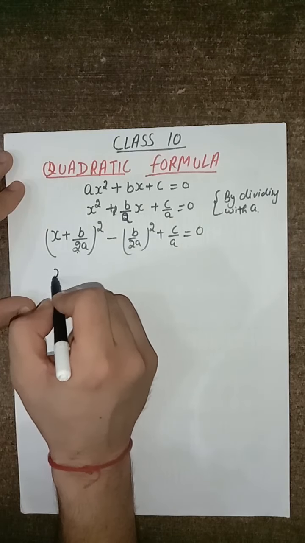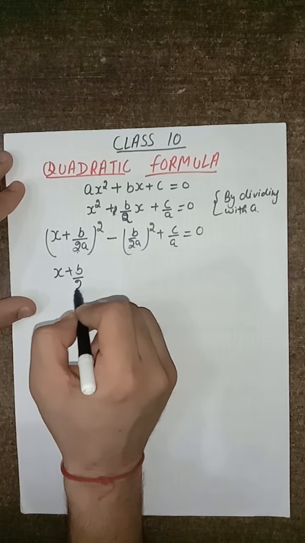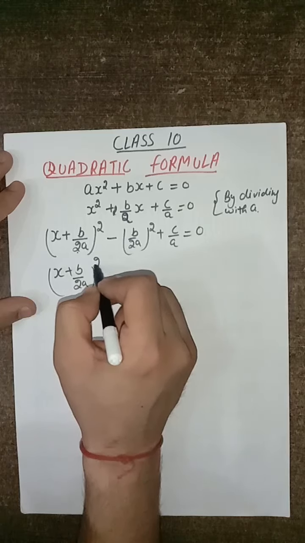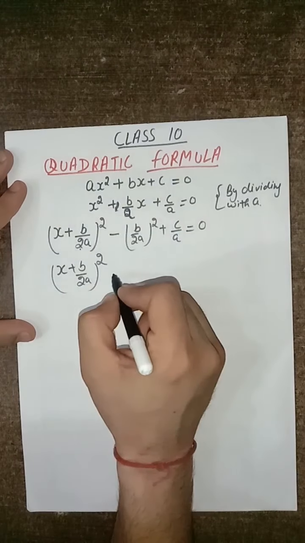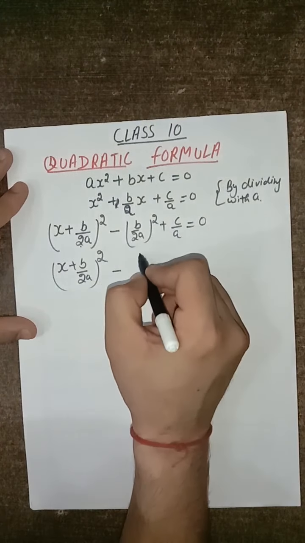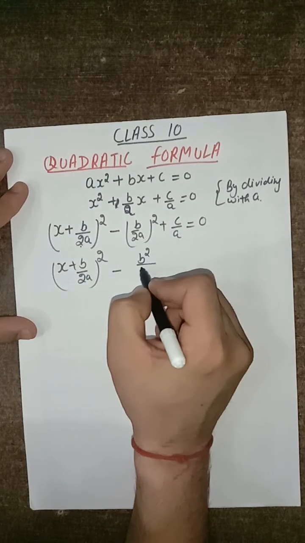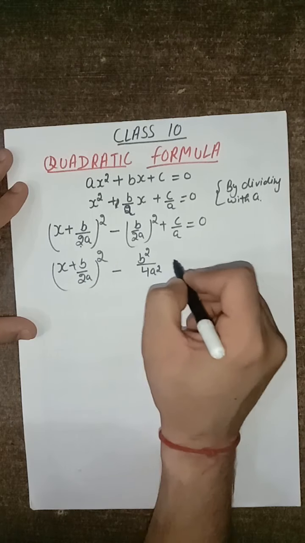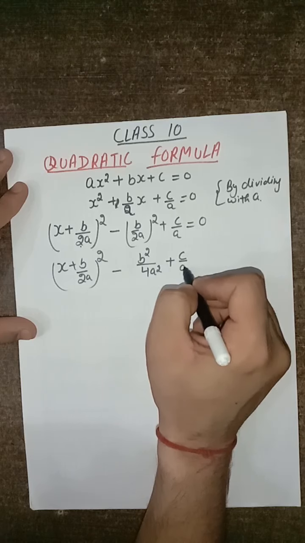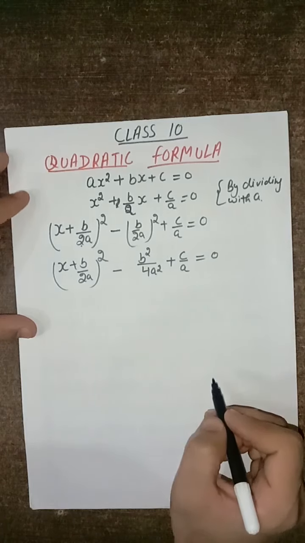Now x plus b divided by 2a whole square minus b square divided by 4a square plus c divided by a equals 0.